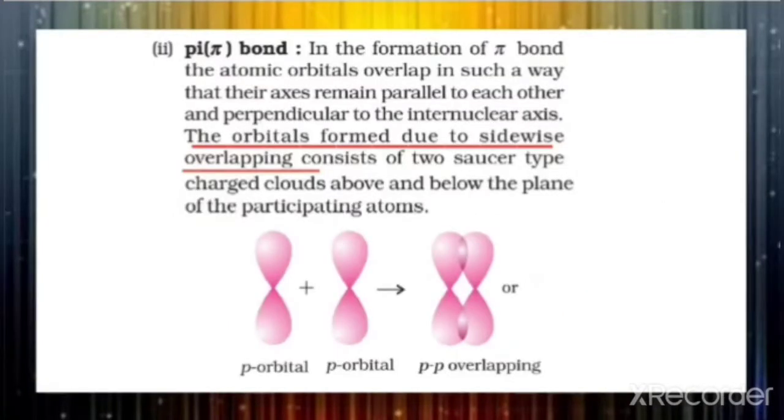Therefore, in the formation of a pi bond, the atomic orbitals overlap in such a way that their axes remain parallel to each other.